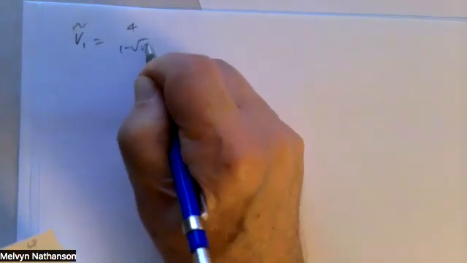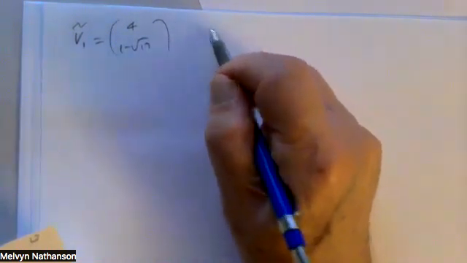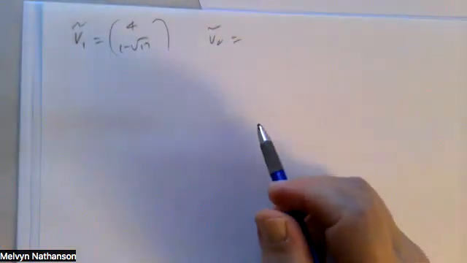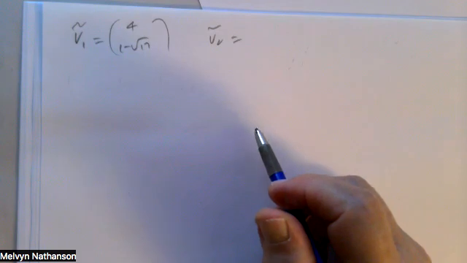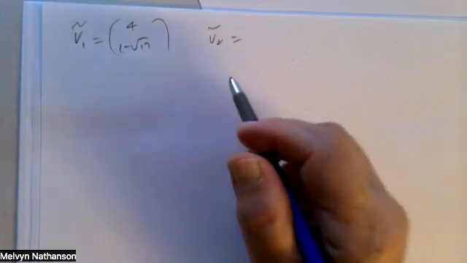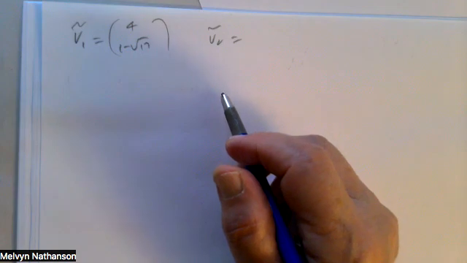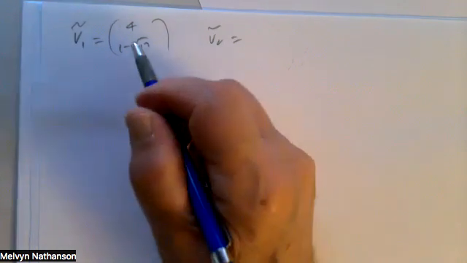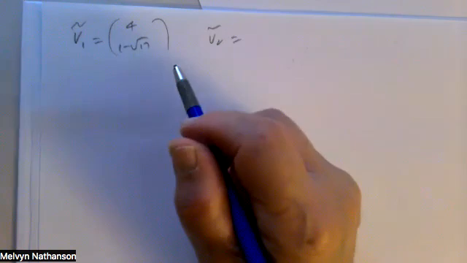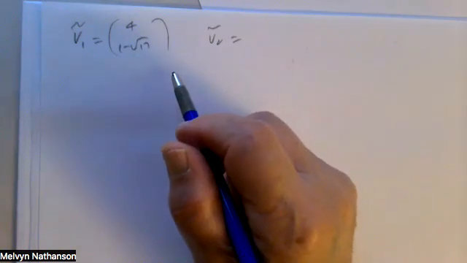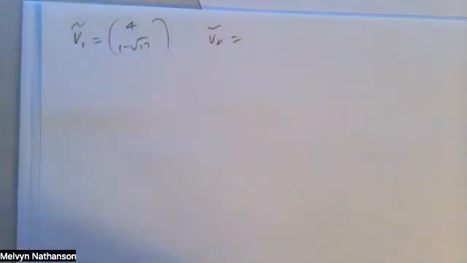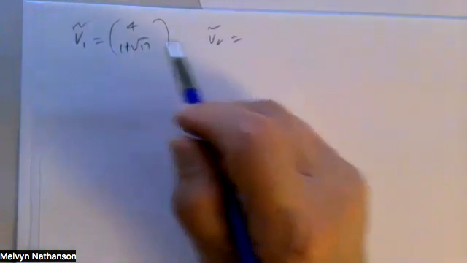The first eigenvector was (4, 1 plus root 17).